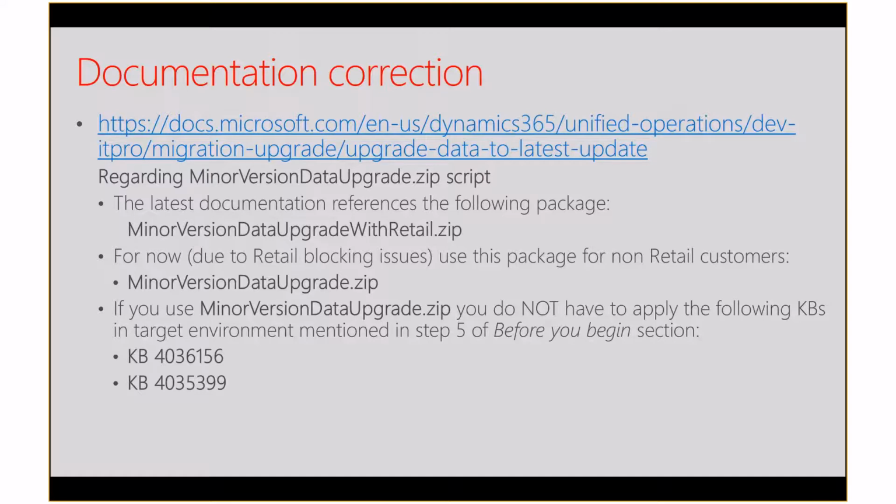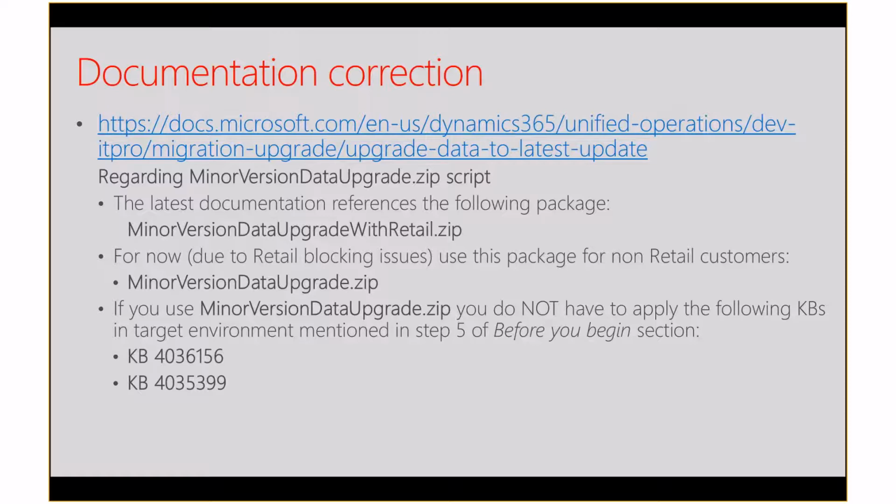And of course, each and every customer, also the customers that are not using retail, still have the retail schemas in the database backend. So the idea of the article is that we let all customers use the same package. So even the non-retail customers use the one with retail. The issue we currently have, and I come back to that at the end of the presentation, is that there are some issues and even a blocking issue still at this moment with retail upgrades.